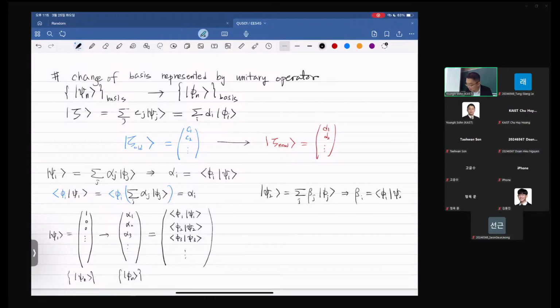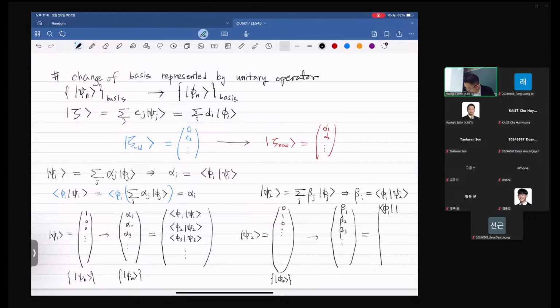It's all repetition of the same thing. Psi 2 used to be 0, 1, 0, and so on. The second coefficient is 1. This is in the psi n basis. And then it's going to change to beta 1, beta 2, beta 3, and so on, which is what?